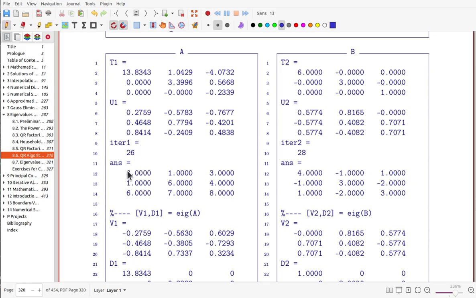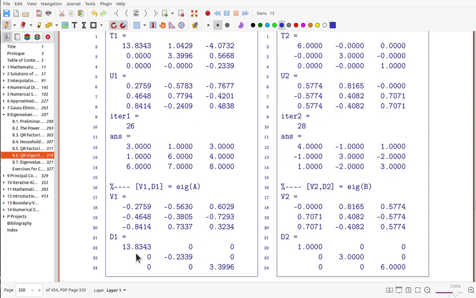Okay, this part is now multiplication to check if it is correct. And of course, this is the original A. Now, by using the built-in function, we have here these eigenvalues, and these are corresponding eigenvectors. Let's compare with the output from QR iteration. Yes, diagonals are really eigenvalues.